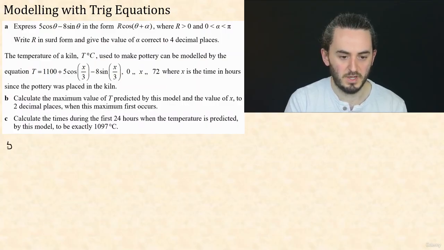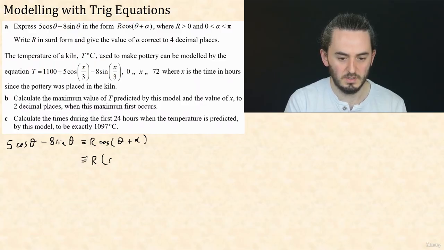So I want 5 cos theta minus 8 sine theta to be identical with r cos(theta plus alpha). So we expand the right hand side to get r cos theta cos alpha minus sine theta sine alpha.